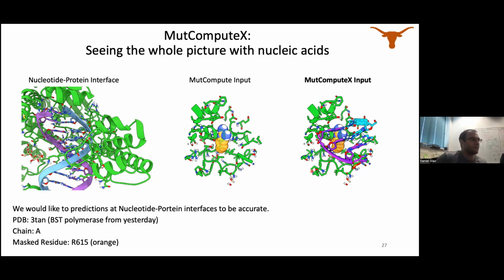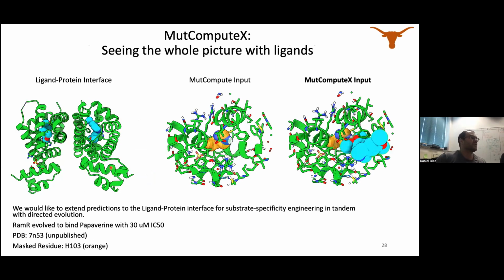Similarly for ligands, this is a transcription factor that is activated upon binding a ligand. The ligand is shown here in blue. So you can see for this histidine residue shown in the middle for MutCompute as orange spheres, when it's masked, this is what the environment would look like for MutCompute, and this is what the environment would look like for MutCompute-X, right? So now the predictions that we get out would take into account the ligand that we put there.